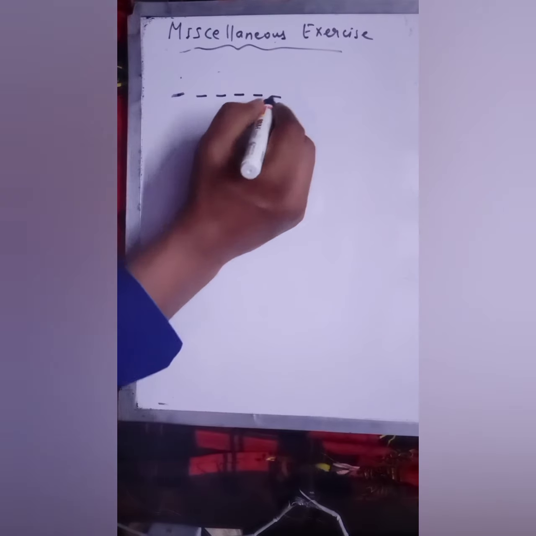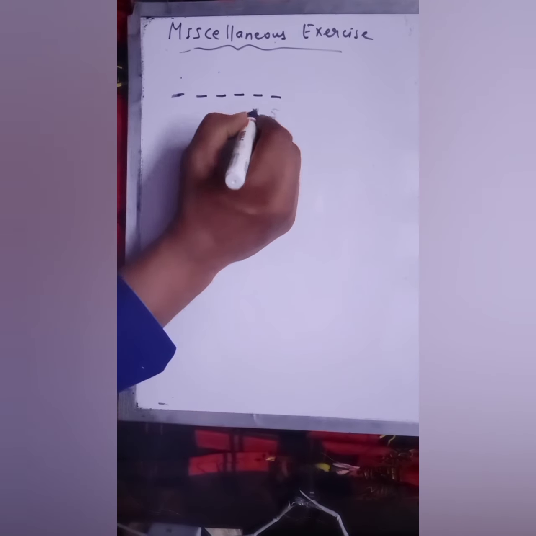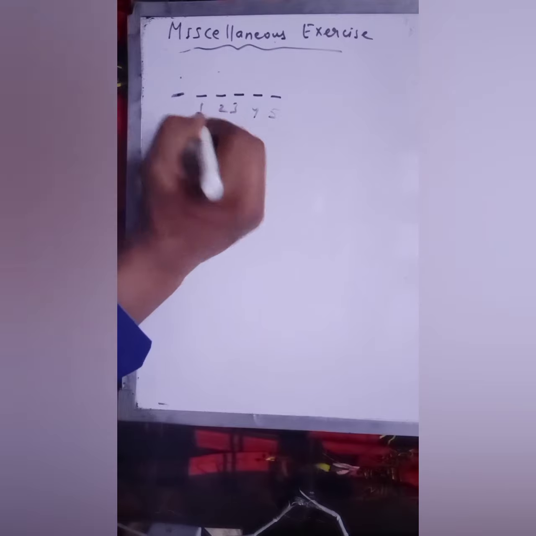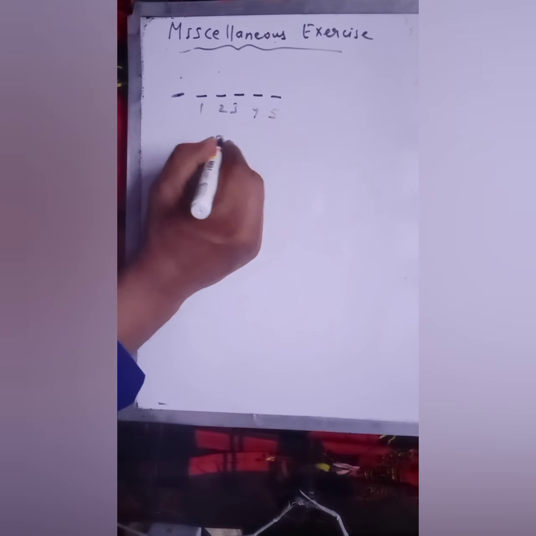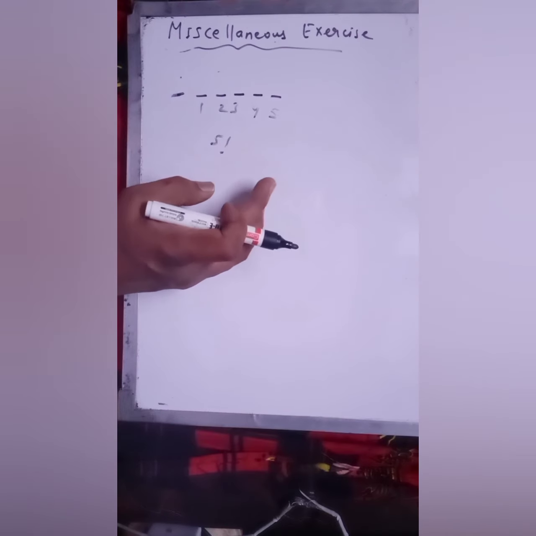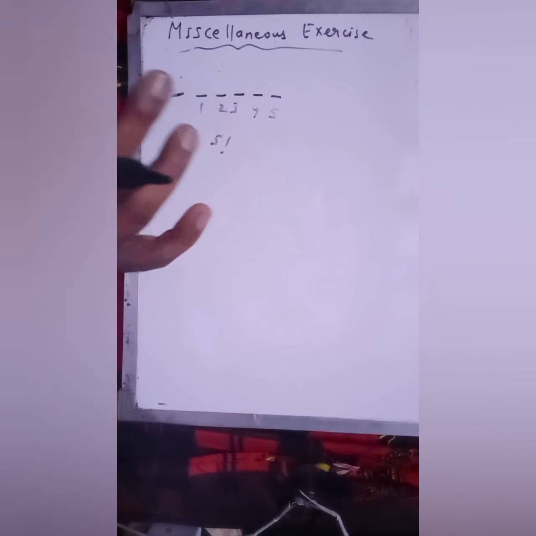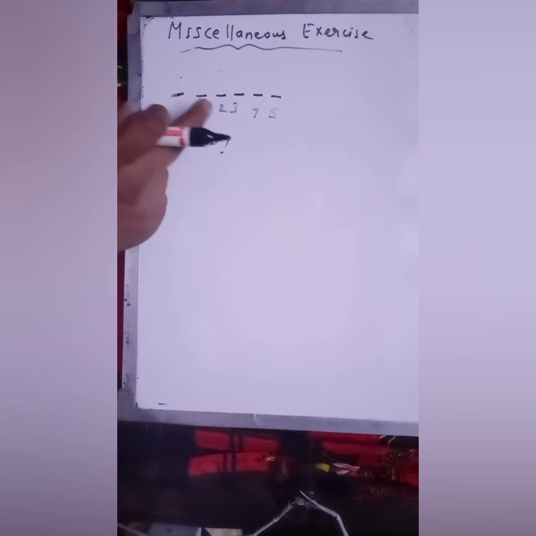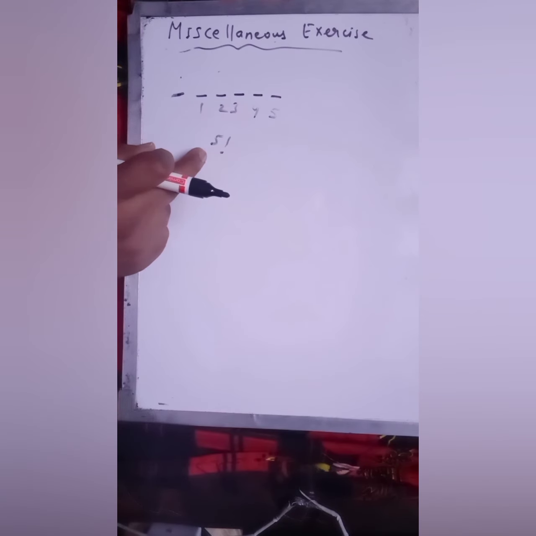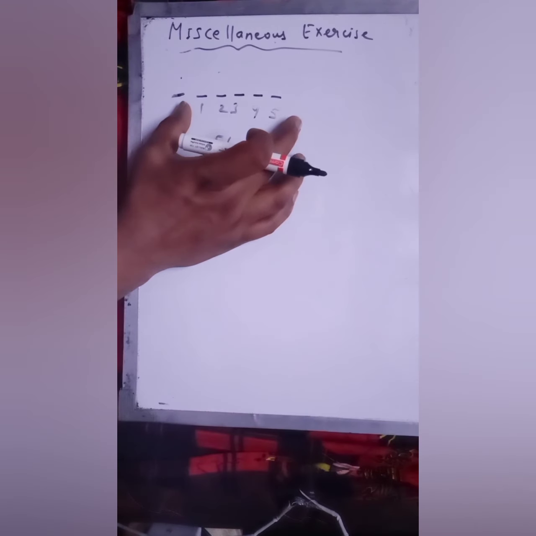So 0 can come in any one of the places. Rest of the 5 places. So to fill this place, you have 5 choices. For this place, you have 4. For this place, 2, 3, and 1. So 5 factorial will be the answer. Only one position you have to fix, and for filling the next 5 positions, you can have choices like this.